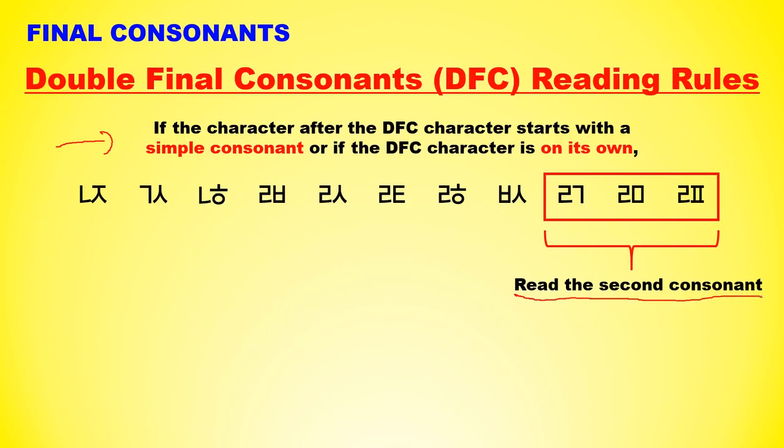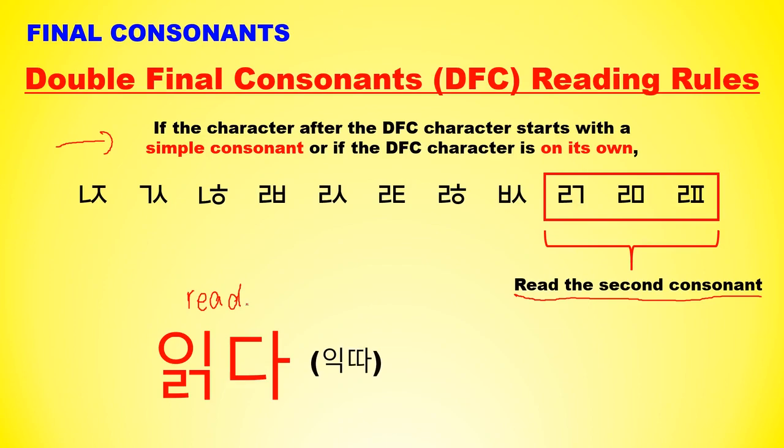Now I'm going to explain this reading rule in the same way as I did before with examples. This word over here means to read, and this character is pronounced as ikta. Notice that for the pronunciation, I chose the consonant on the right side and I ignored the consonant on the left side.